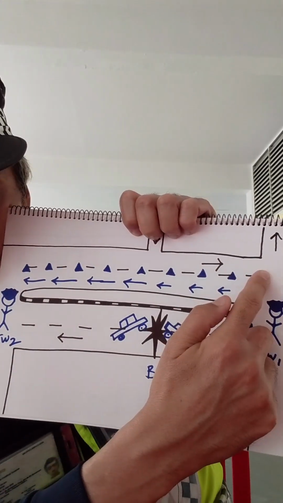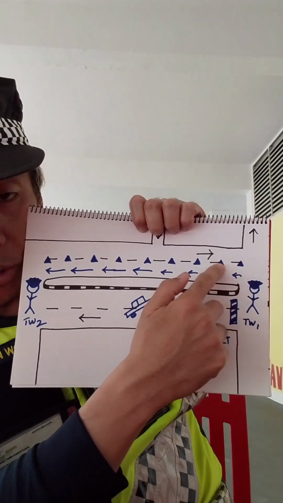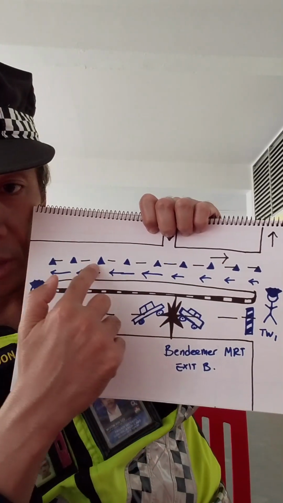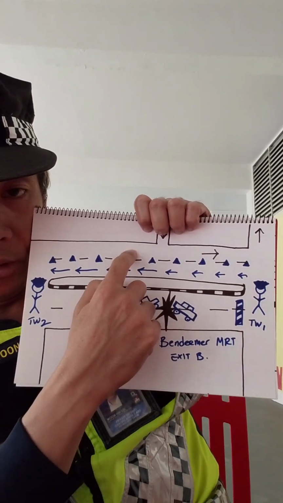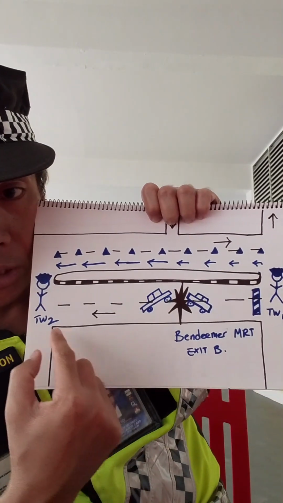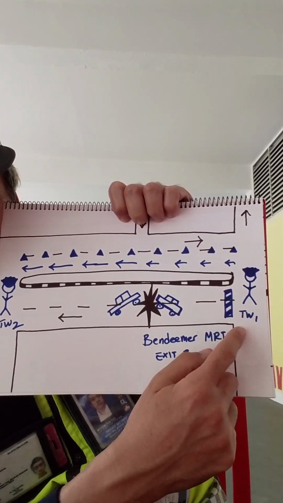Once all the cones are placed to demarcate, to delineate traffic flow, to segregate the opposing traffic flows, then you comms each other. This is TW2, traffic warden 2, this is TW1, traffic warden 1.